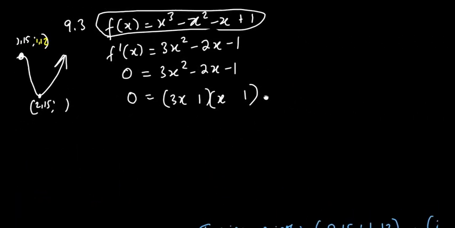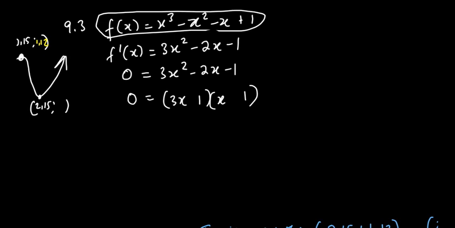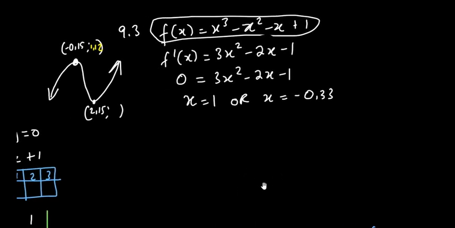So okay, good people, you can just quickly use the quadratic formula there. If you use the quadratic formula, your x would be 1, or your x would be negative 0.33. I hope you're already seeing the mistakes we make in the exam when we are panicking or rushing.